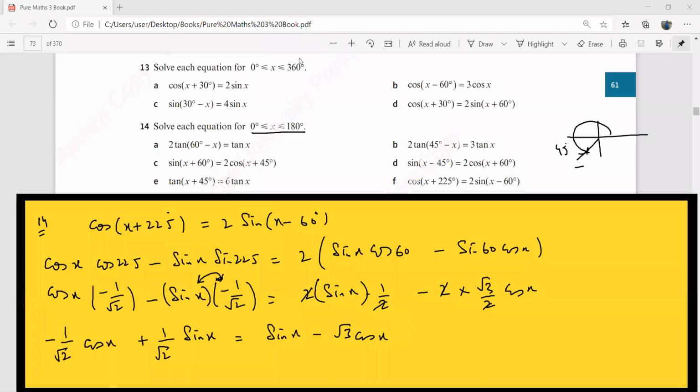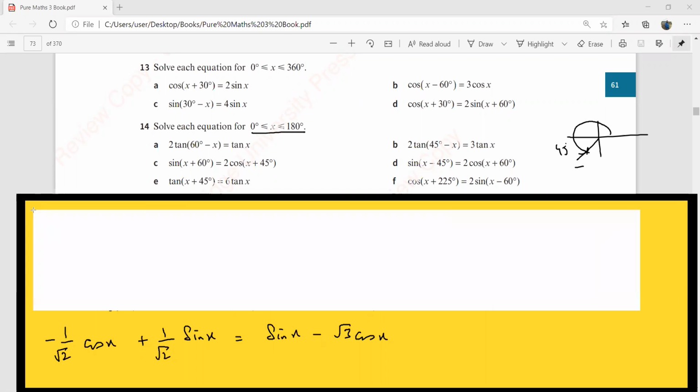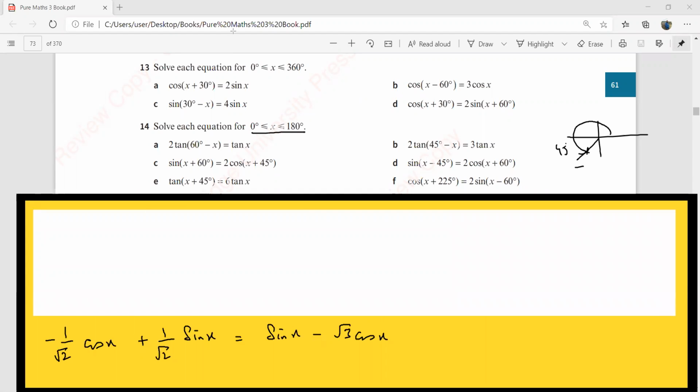Okay, so then we're going to combine. I'm just showing you how to keep cool and not make any mistake here. I'm going to multiply the whole of this equation by under root 2, because that seems to be the LCM over here.